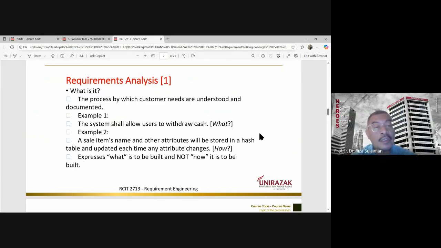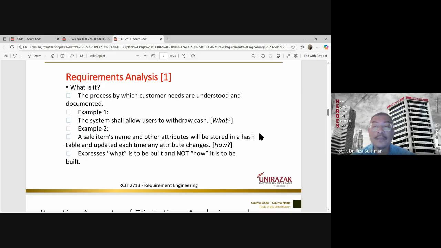Example number two: a sales item name and other attributes will be stored in a hash table and updated each time any attribute changes. So how? You need to explain this to your stakeholder as well. So this is what we say requirement analysis, to make the stakeholder able to understand your definitions or acronyms or any computer jargon that is involved in your work.